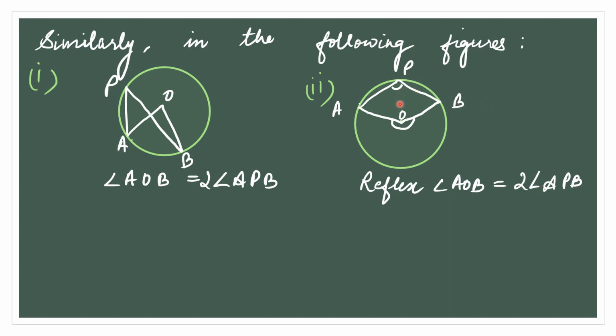The angle at the circumference is half the angle at the center, or the angle at the center is twice the angle at the circumference. So reflex angle AOB is equal to 2 times angle APB. I hope you must have understood now.